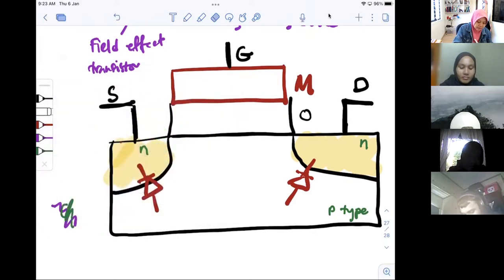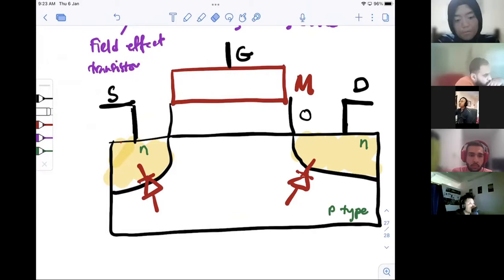Because there is a flow of the diffusion and the drift of the free carrier. No. Ikram, who have I not asked yet? Let's see. Islam, what do you think? Is the diode connected or no?